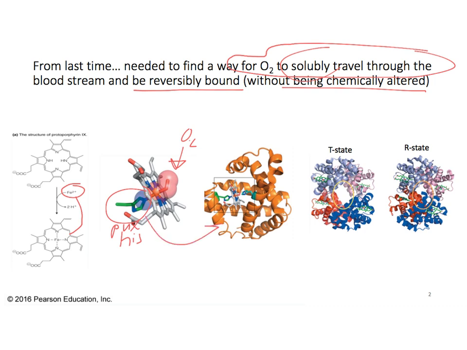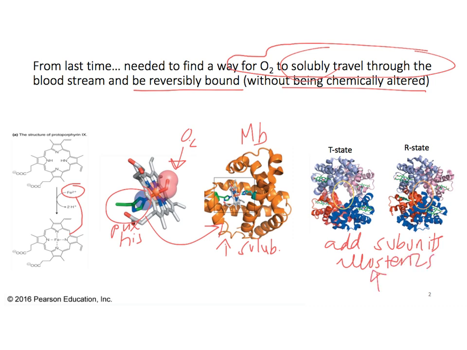Now that histidine had to be part of a protein. The protein is globular to increase the solubility of oxygen transport, and it turns out a single subunit, which would be myoglobin, is still not great at reversible binding. So the last thing we did is we added some more subunits to introduce allosterics and increase reversibility.